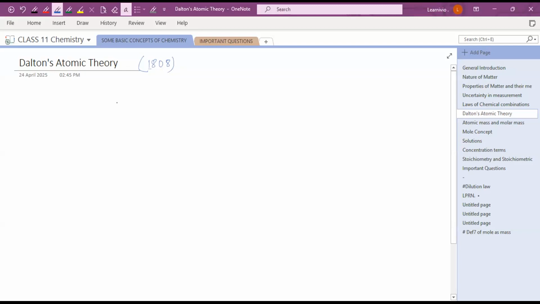Okay, and the main points of Dalton's atomic theory are as follows. So what are those points?